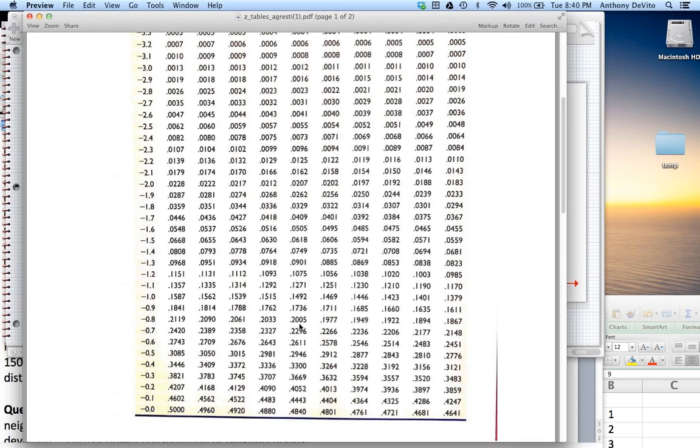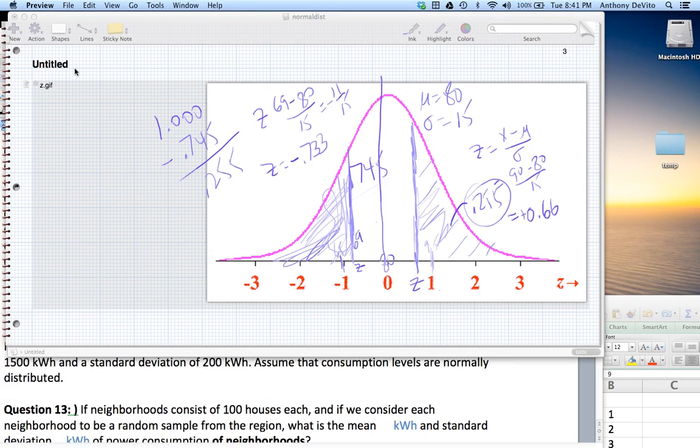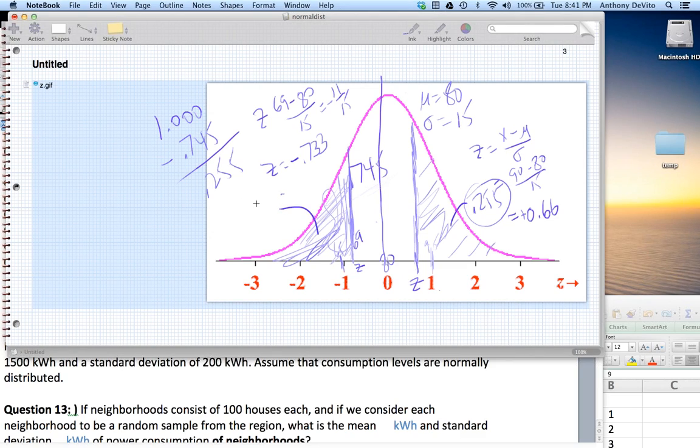It's closer to 7.3 than 7.4, so I'm going with this one over here, which is 23.3. So this area in here is 0.233.